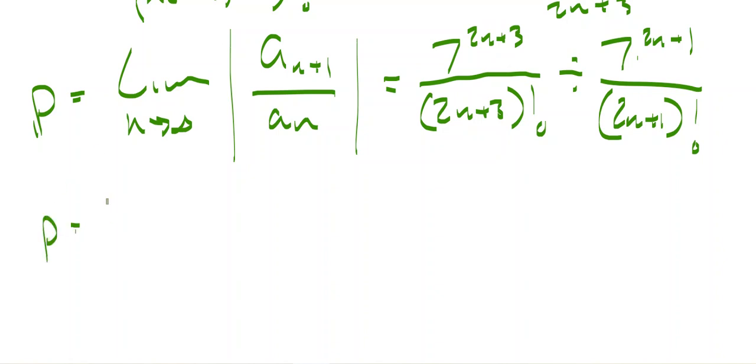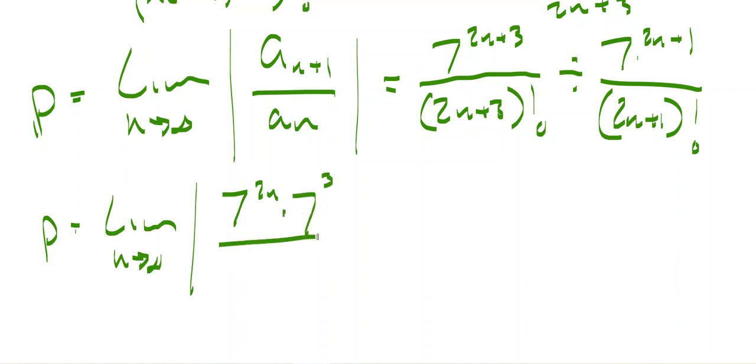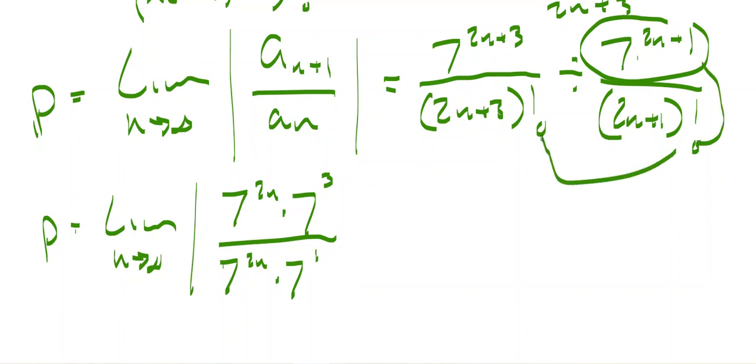So we're going to have the limit as n approaches infinity of the absolute value of 7 to the 2n times 7 to the third, all over 7 to the 2n times 7 to the 1. I'm just taking this, which is in the denominator, and moving it underneath this.